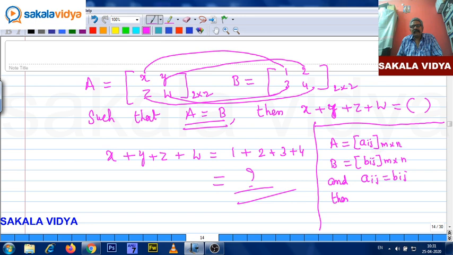Then we say that A is equal to B. This is actually the definition in compact form: both have the same order and corresponding elements are equal. Then we say that both matrices are equal matrices.